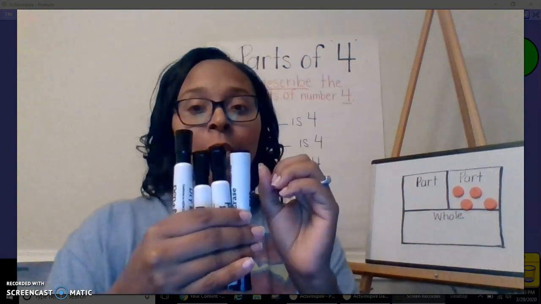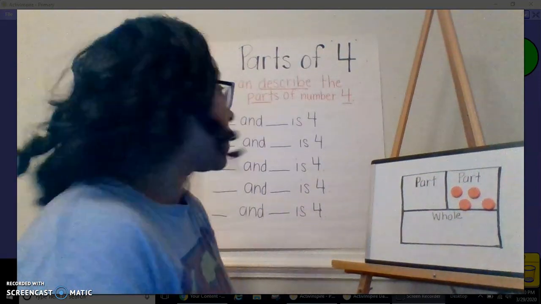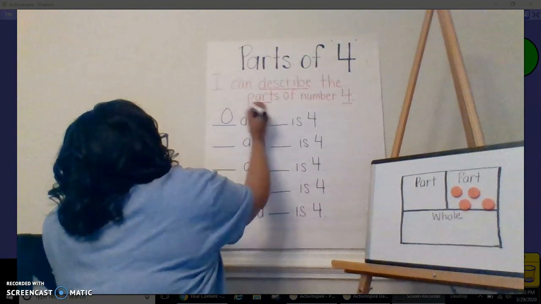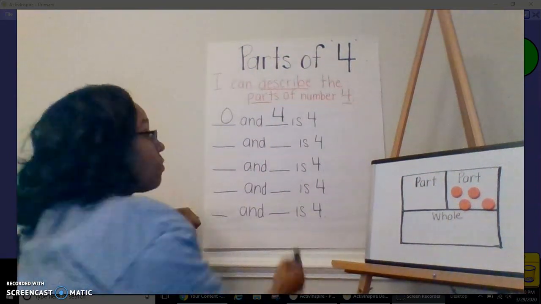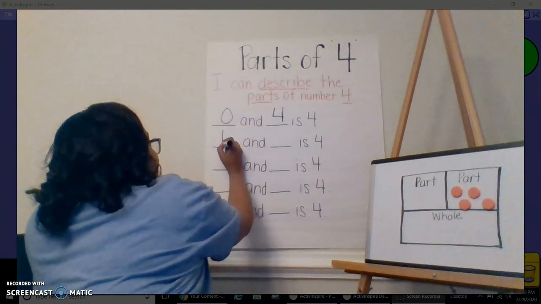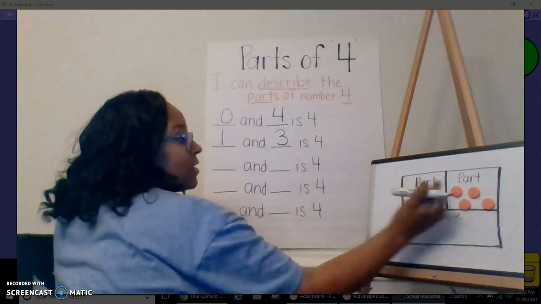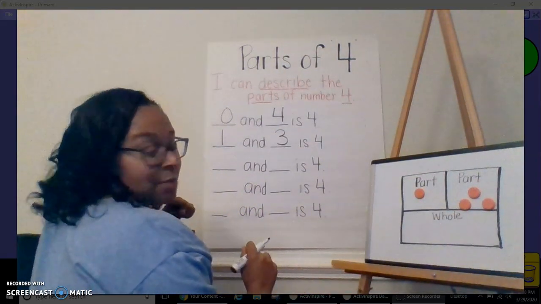So I'm going to write our different combinations over here. Excuse my chair moving. So we said 0 and 4 is 4. We also said 1 and 3. See? 1 and 3 is 4.